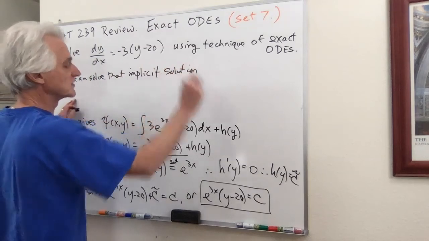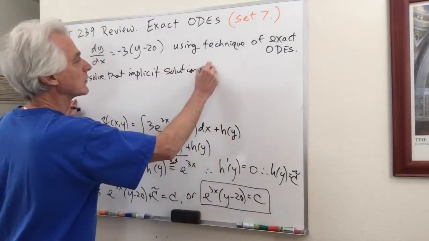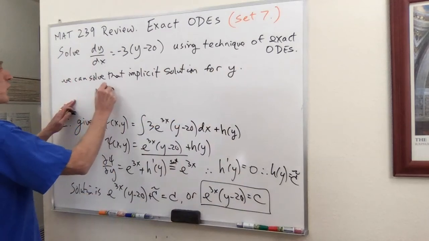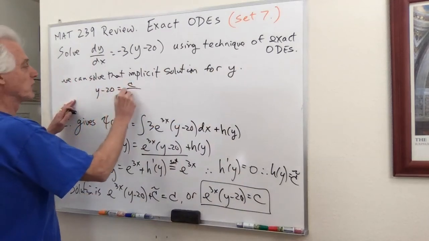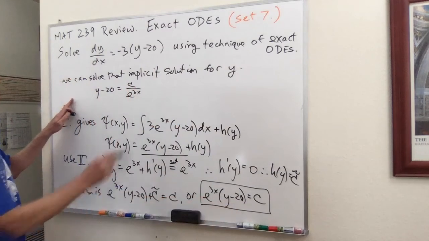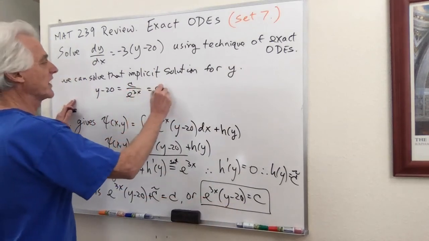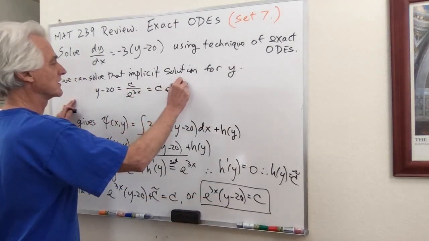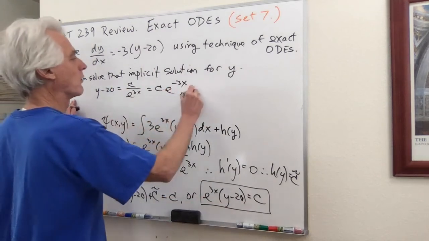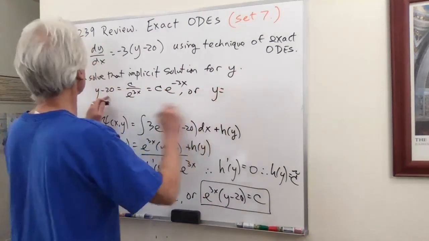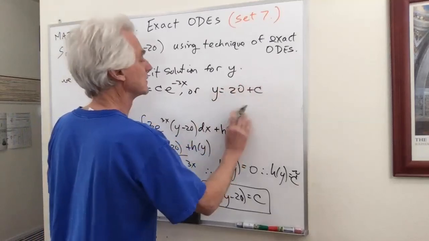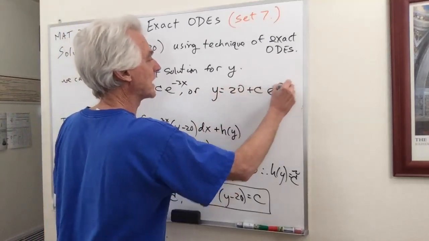And I get y minus 20 is c over e to the 3x, dividing both sides by e to the 3x. And I prefer to call that e to the minus 3x on top instead of e to the plus 3x on the bottom. Or y is, bringing the 20 over, 20 plus a constant times e to the minus 3x.